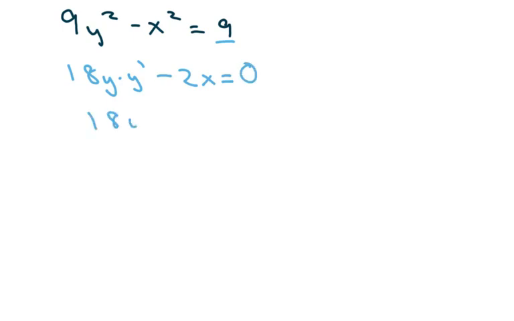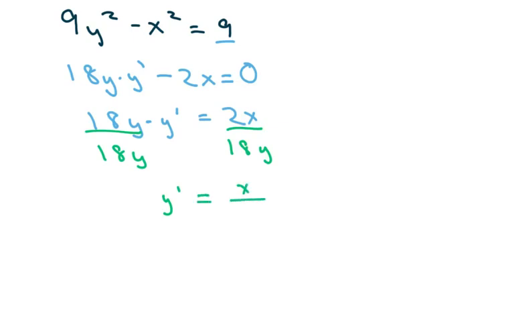So we get 18y times the derivative of y equals 2x. Divide both sides by 18y. And that's going to give you the derivative of y equals x over 9y, which is what we had initially.